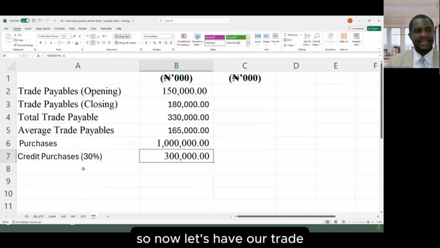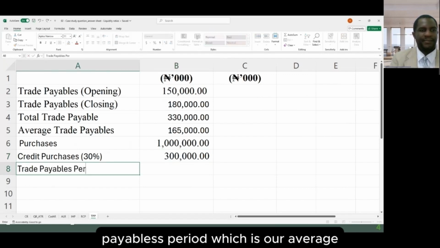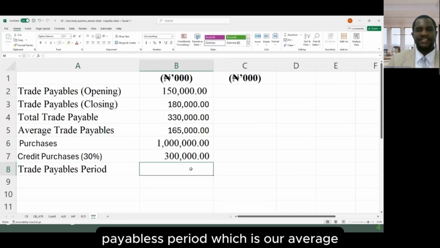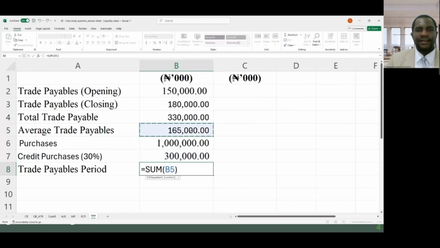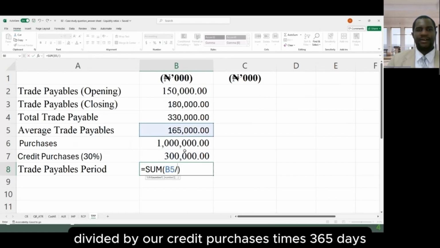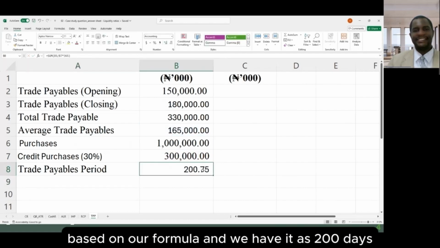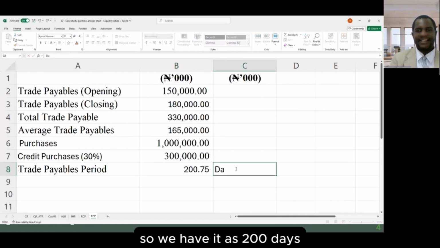Now let's have our trade payables period, which is our average trade payables divided by our credit purchases times 365 days, based on our formula, and we have it as 200 days.